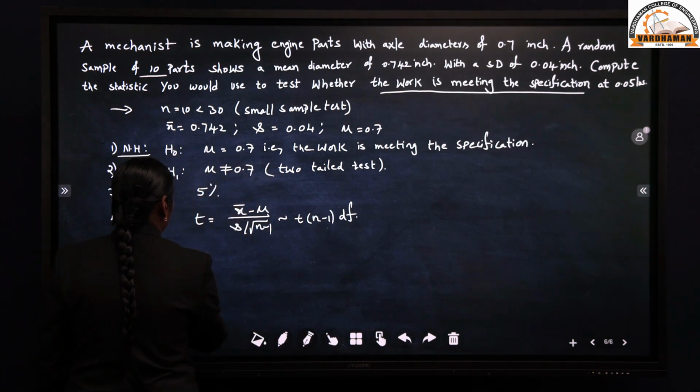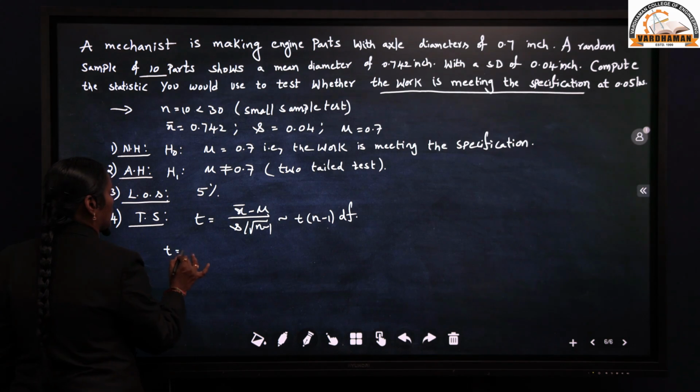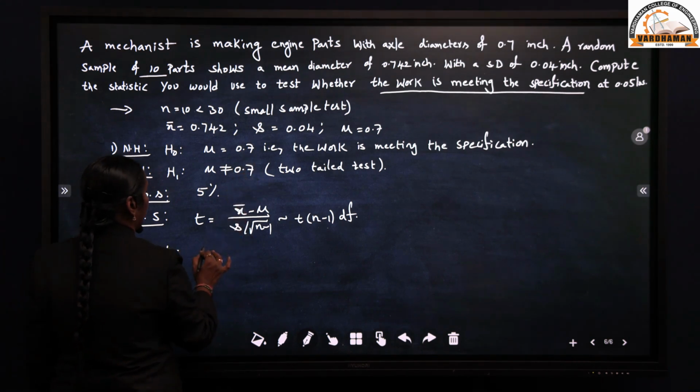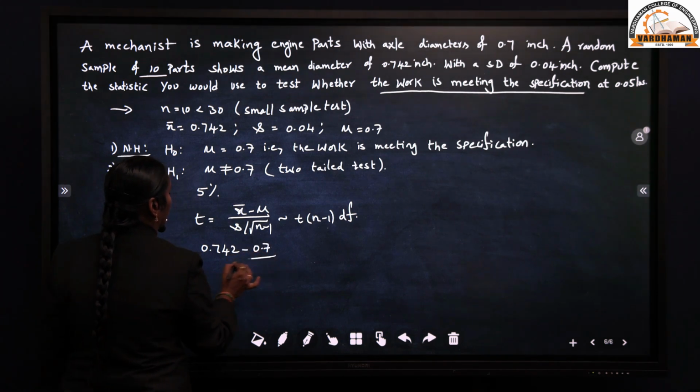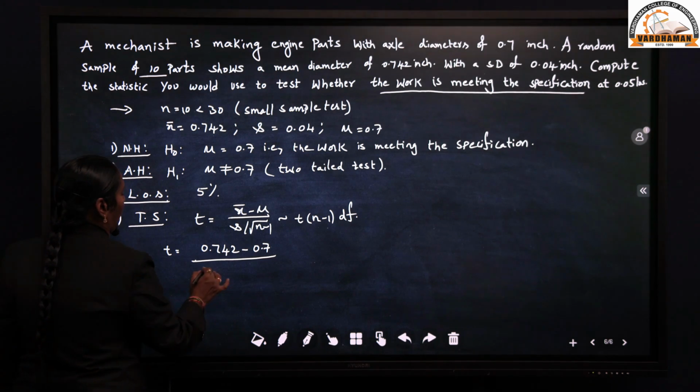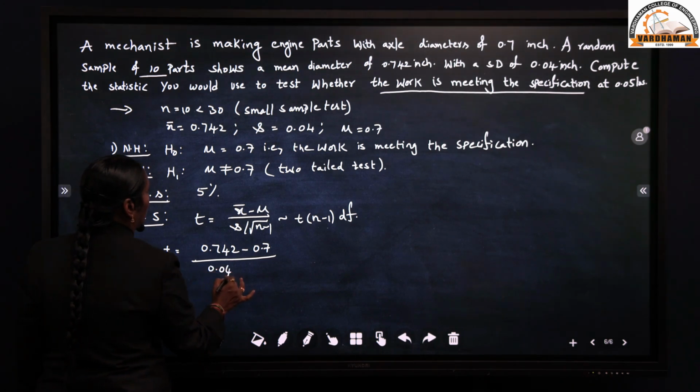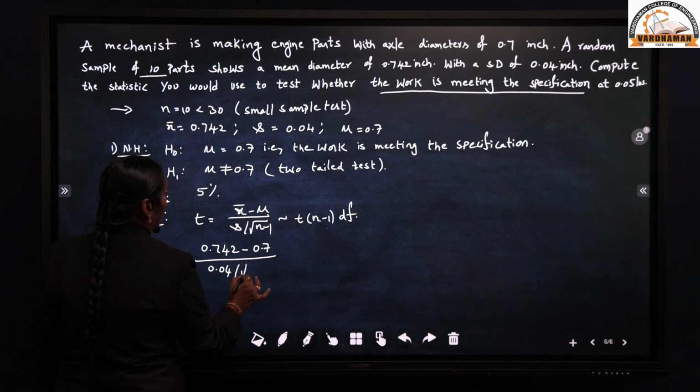Now we have to substitute all the values from the given problem. T equals x bar, which is 0.742, minus the value of mu, which is 0.7, divided by s, which is 0.04, by root n minus 1.